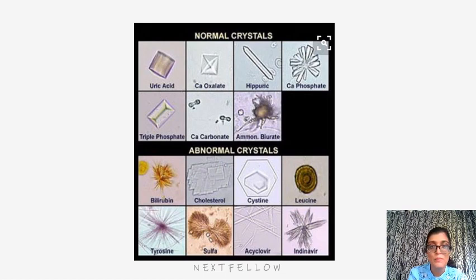Uric acid, calcium oxalate, hippuric acid, calcium phosphate, triple phosphate, calcium carbonate, and ammonium biurate are crystals which are found even in normal patients. So you will be able to identify the pictographic representation. They'll give you a clinical scenario and a picture of a cystine crystal, and they'll make you identify cystinuria, or it will be one of the options. So you should be able to identify it.